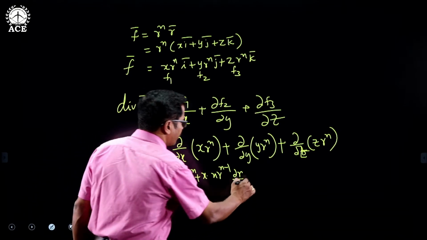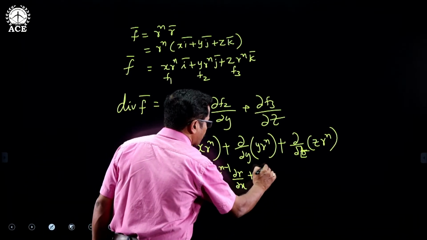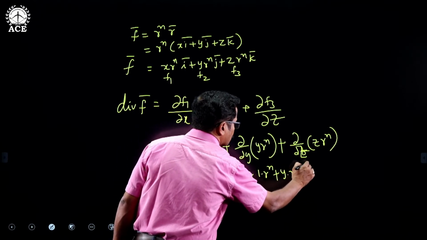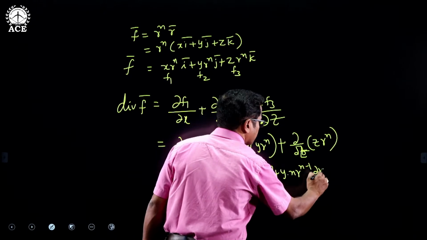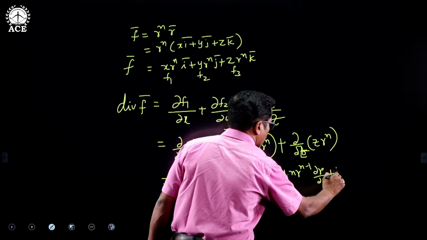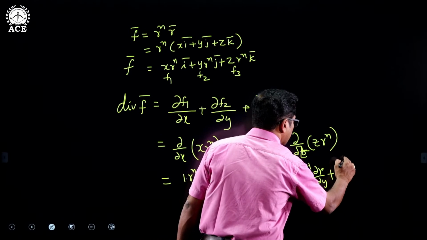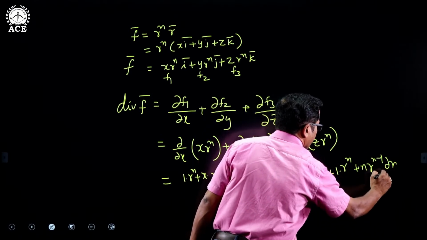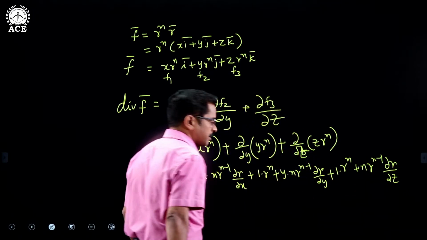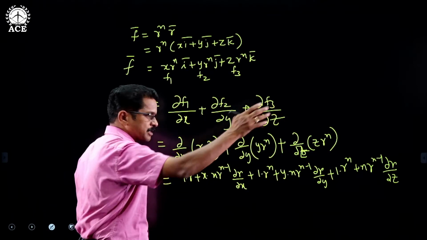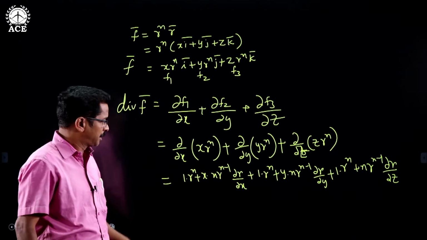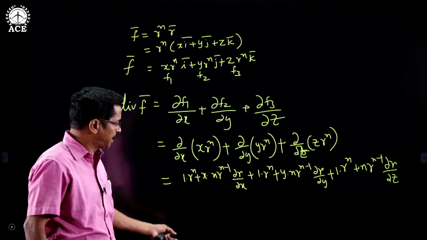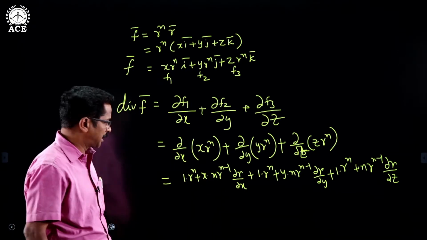Similarly, even here also, 1 into r power n plus y into n into r power n minus 1 dou r by dou y, plus 1 into r power n plus z into n into r power n minus 1 into dou r by dou z. Instead of writing this expansion, you can simply write it as a single term under summation, but anyhow I have proceeded now. Let us have it like this.